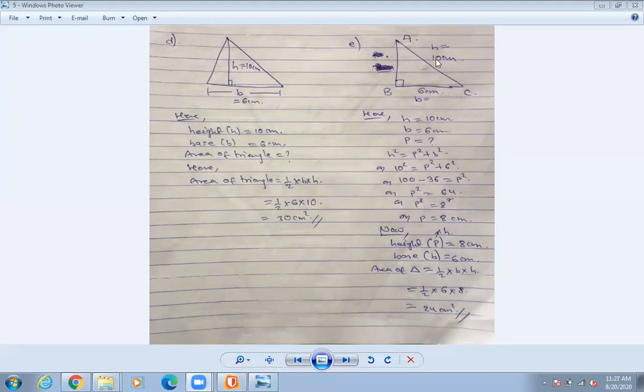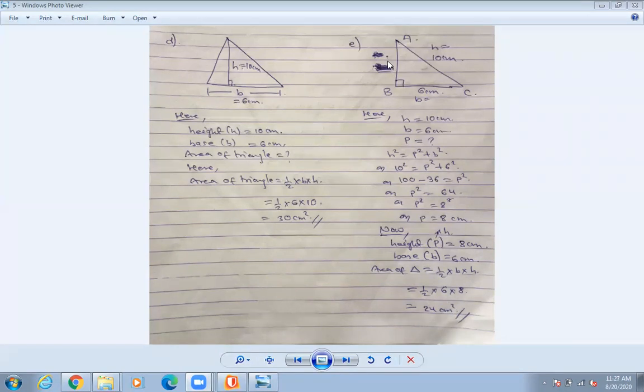No, sir. What is it? Hypotenuse. Since this is the hypotenuse, not the height, and height means perpendicular, the perpendicular is not given. So we need to use the formula.